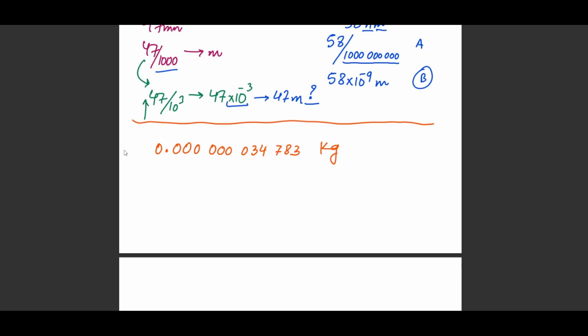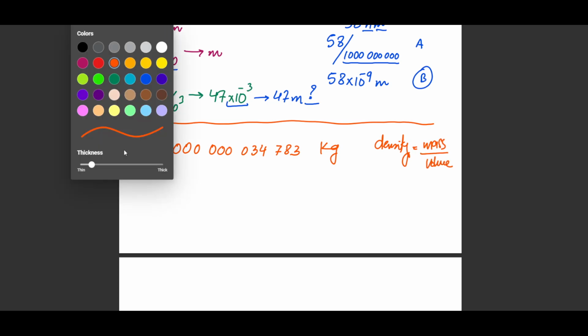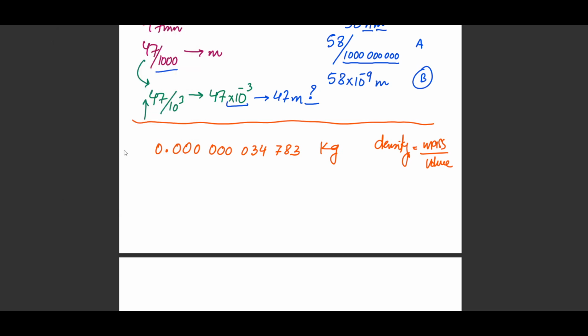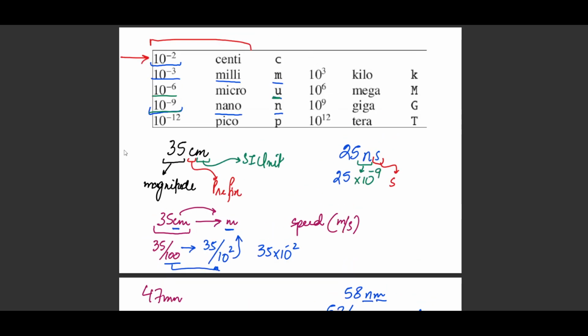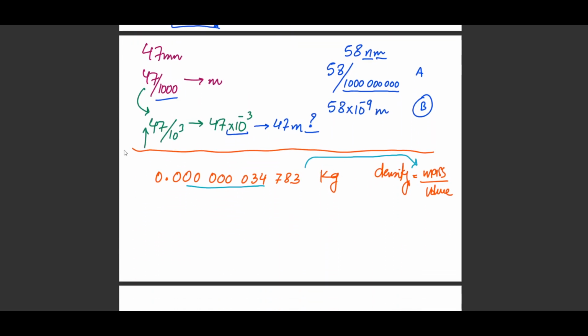Now, if we were trying to find out density, and the formula for density is mass over volume, it would be highly inconvenient for me right now to add this many zeros into the calculator to perform this calculation. So instead, I'm going to convert this into standard form, or to use at least a prefix to make it easier for me to understand.